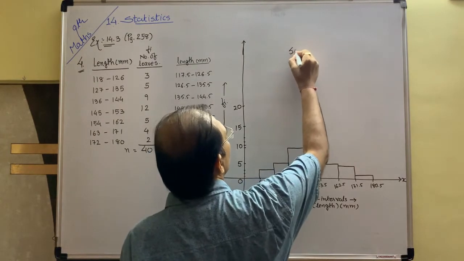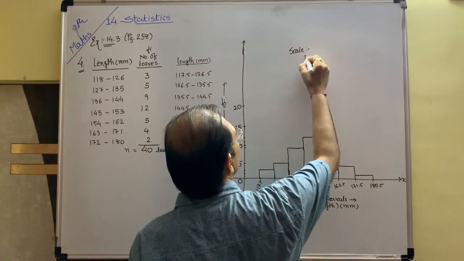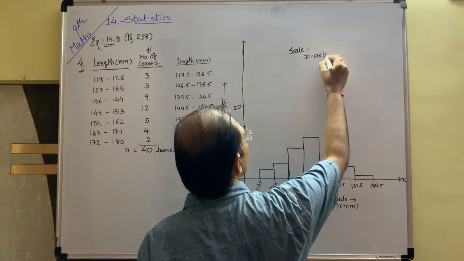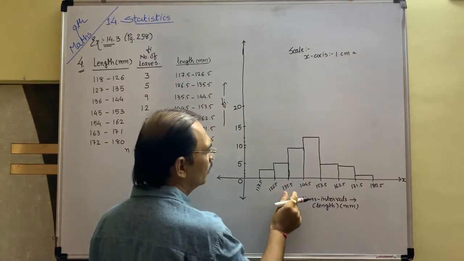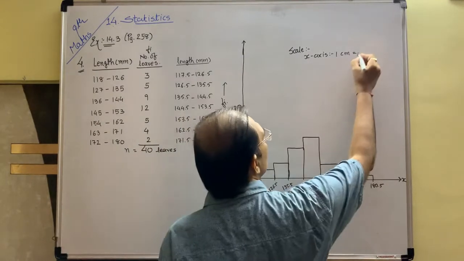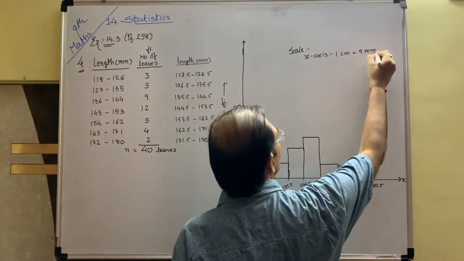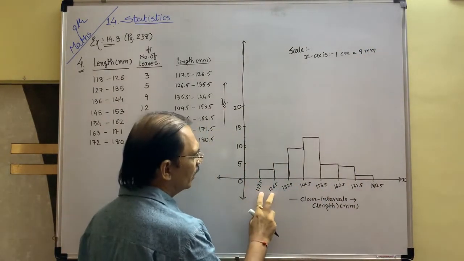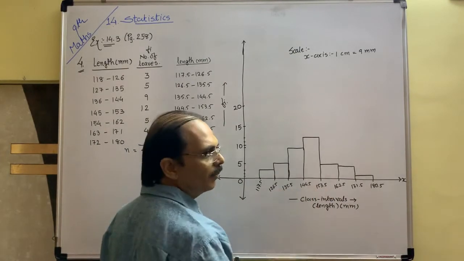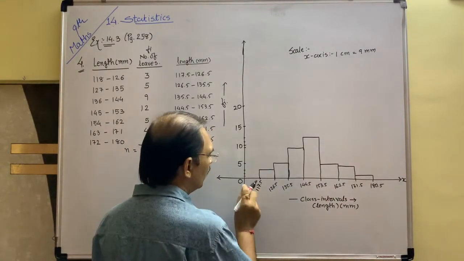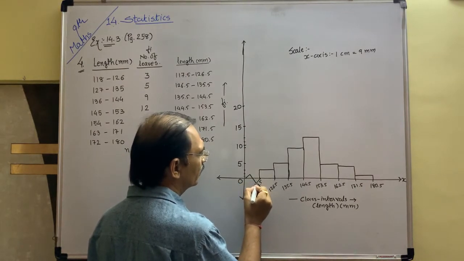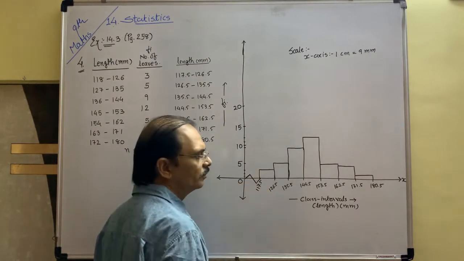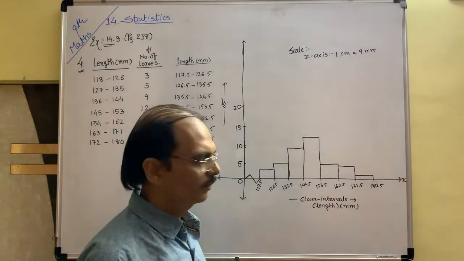You can write the scale here. On the x-axis, 1 centimeter equals a gap of 9 millimeter. See, the gap is 9 millimeter, but here it is 0 to 117, so you must draw a kink, as I told you in bar graph.